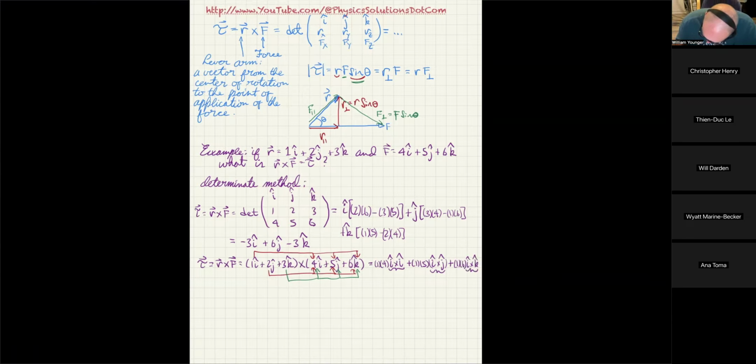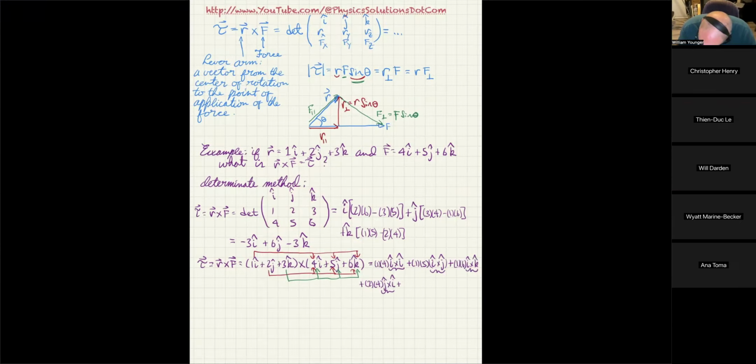Okay. Now I can do the second one, which is the 2 j hat with the 4 i hat. So that's going to be 2 times 4, and that's j hat cross i hat. I'll leave a little space there so I can put the answer. Now I can do 2 j hat with 5 j hat.